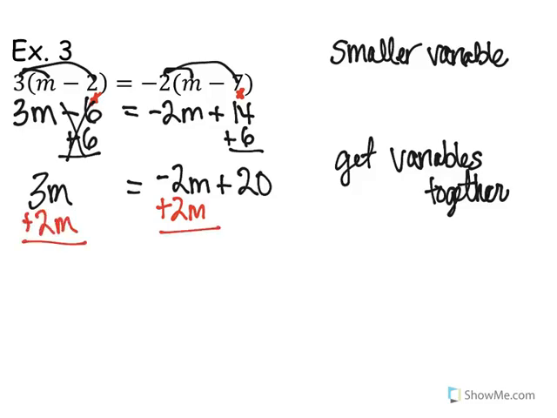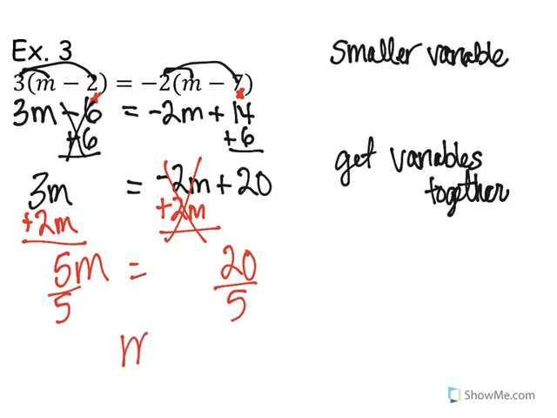Good. 5m equals, those cancel, 20. If 5m equals 20, what's my last thing to solve? Perfect, divide by 5. M equals 4. Awesome.